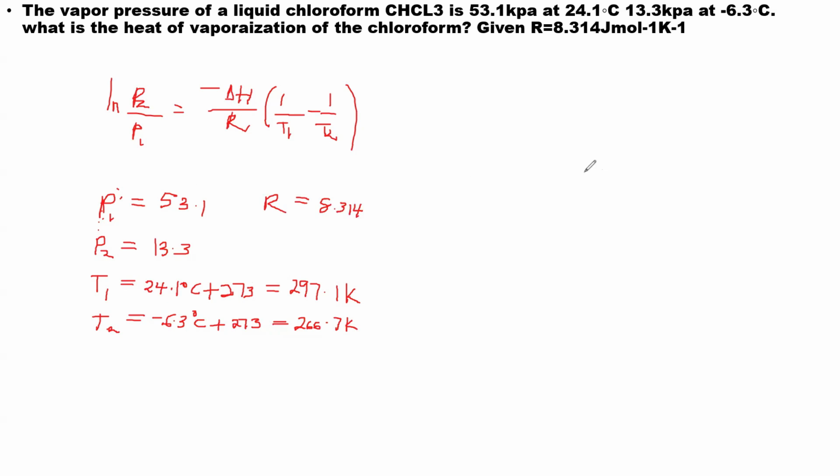P2 is 13.3, then our P1 is 53.1, equal to minus delta H, which is our unknown, divided by R, which is 8.314.